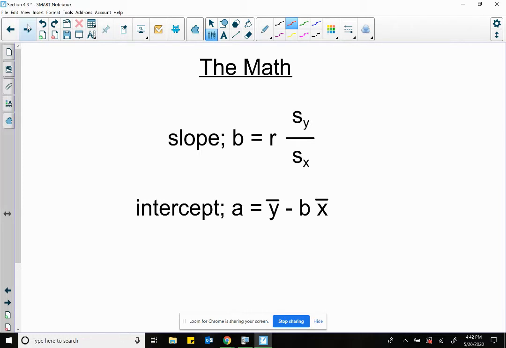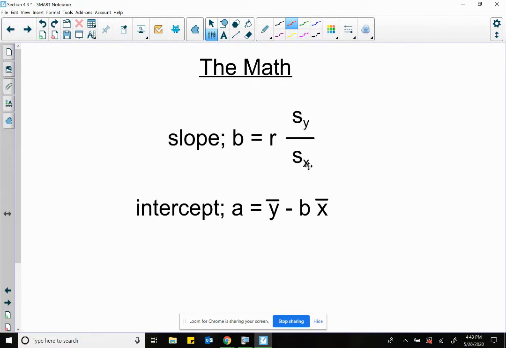So here is the math behind it. In order to find the slope, or that variable B, you're going to take the correlation coefficient and multiply that by the standard deviation of y divided by the standard deviation of x.